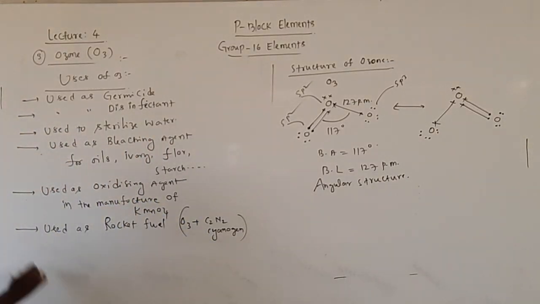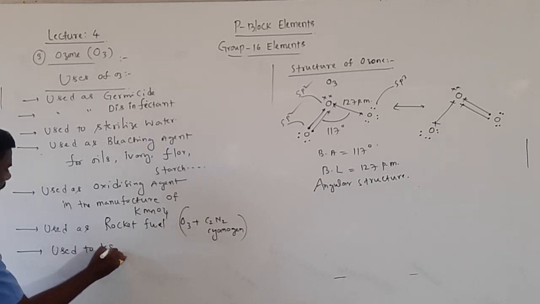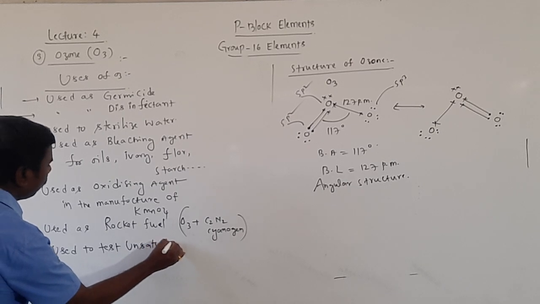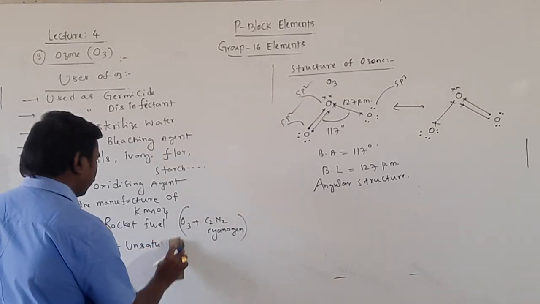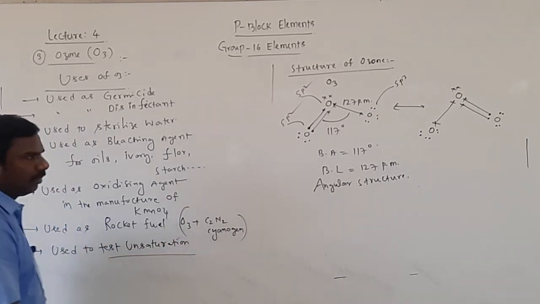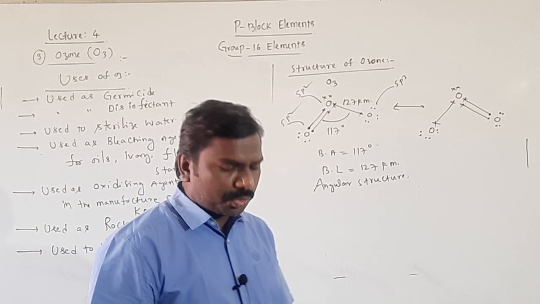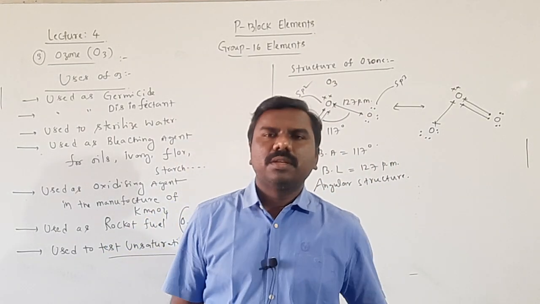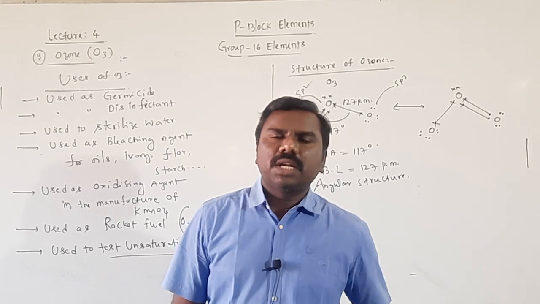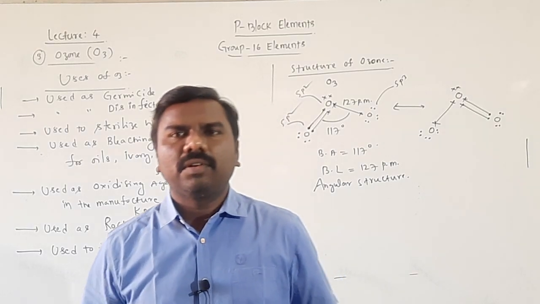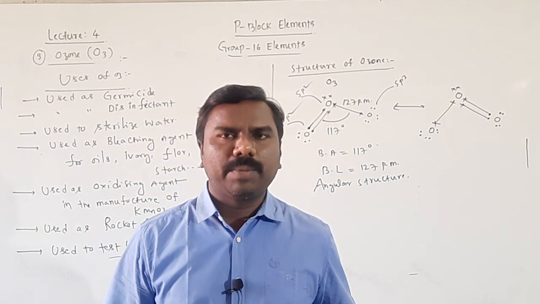And to test unsaturation, whether double bonds or triple bonds are present or absent, that should be confirmed by a test with ozone. Students, with this, oxygen and its compounds, dioxygen, oxides of oxygen and ozone are completed. Okay.